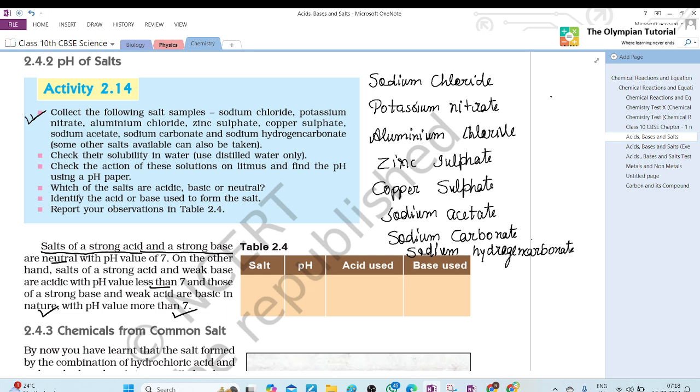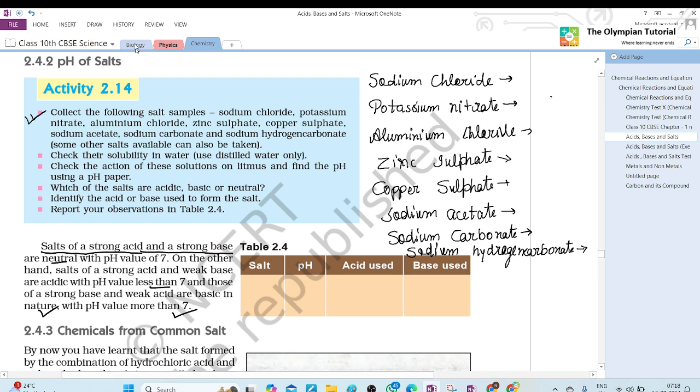If the pH is 4, it will show a mixture of orange and yellow. Very good. If it is a weak base, it will show a dark color. If it is a strong base, it will show a dark blue color, midnight blue. The color also varies according to the strength of the acidic or basic character. Are you okay with it?